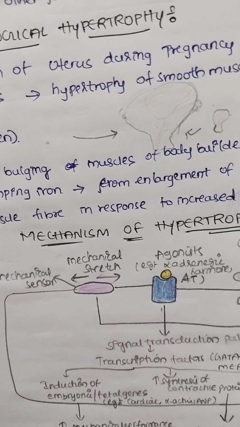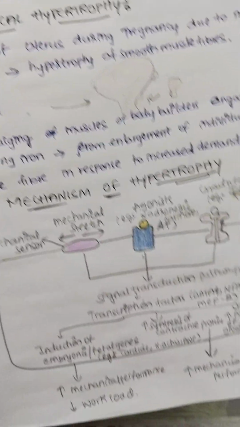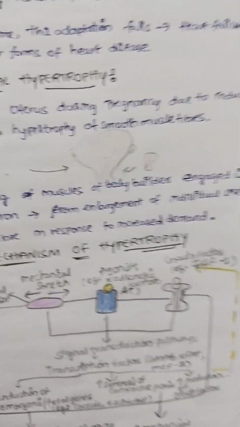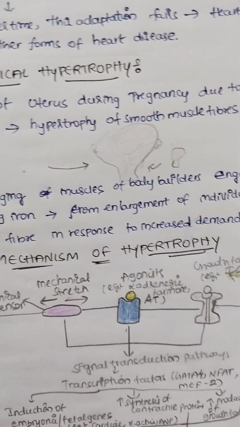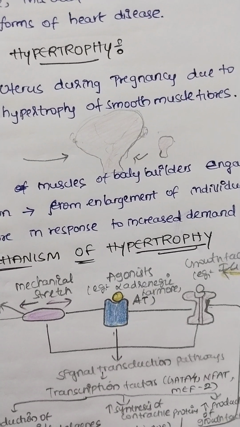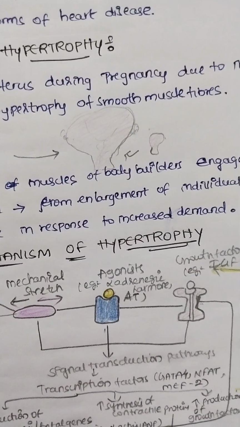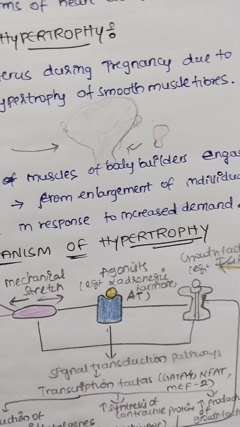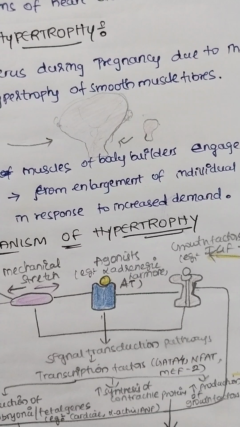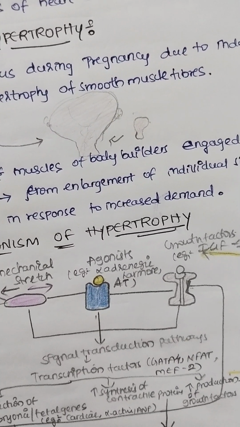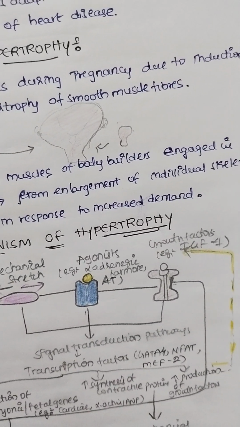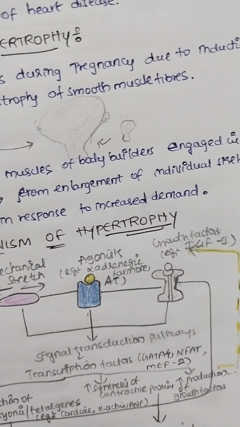This is very important in pathological hypertrophy. Then some agonists like alpha adrenergic hormones and angiotensins will be released, and they will also release vasoactive substances and be involved in the signal transduction pathways. Some growth factors, like insulin-like growth factor, are also involved in response to increased workload.